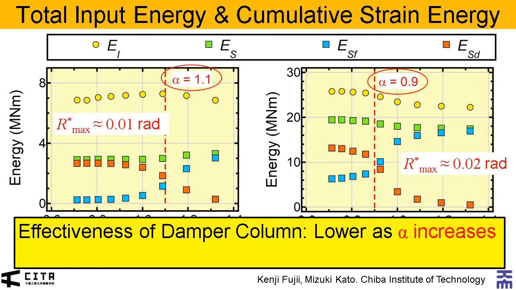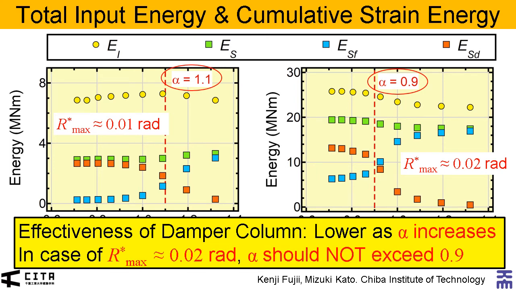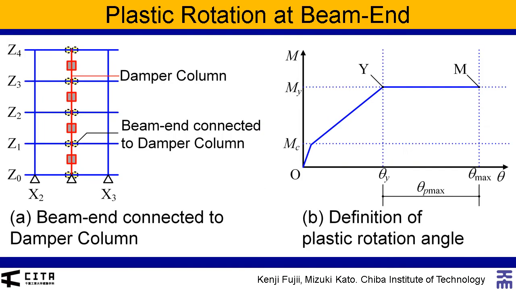Therefore, the effectiveness of the damper column is lower as alpha increases. Based on our numerical results, in case the expected whole deformation angle is close to 0.02 radian, the strength ratio alpha should not exceed 0.9.